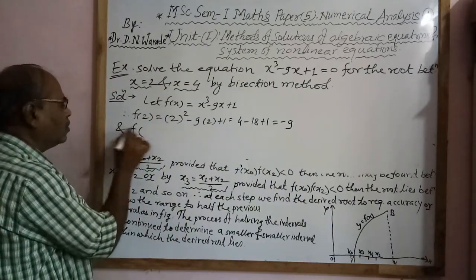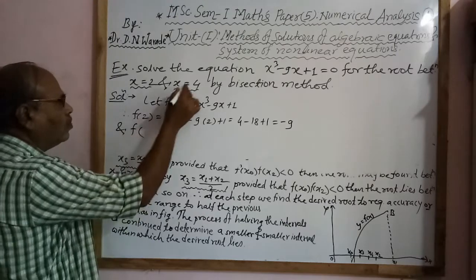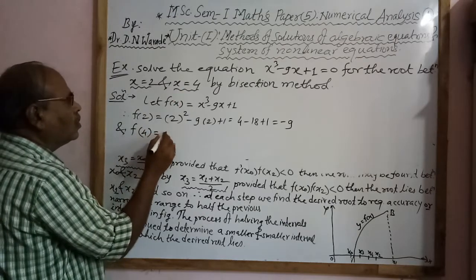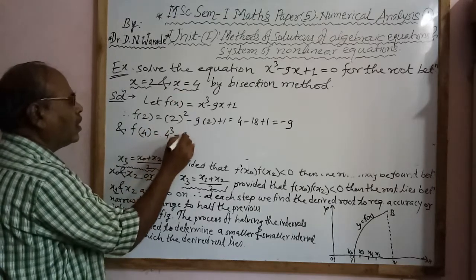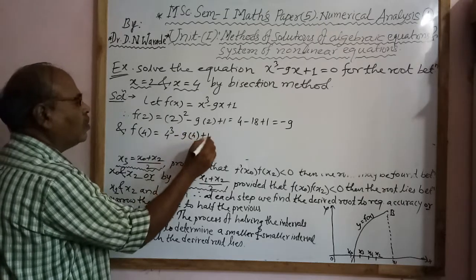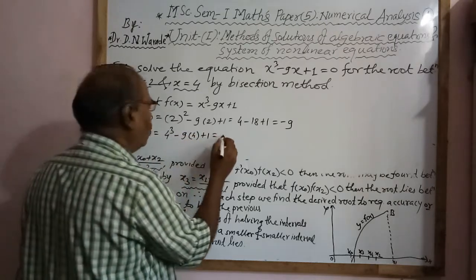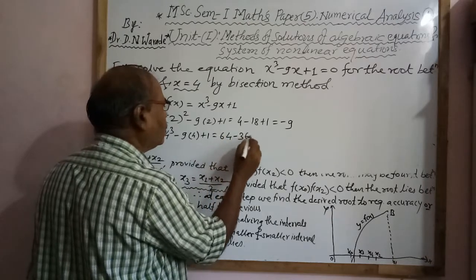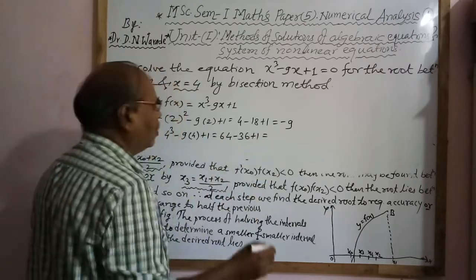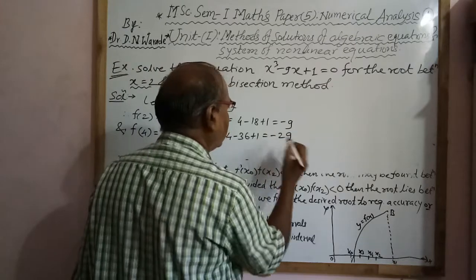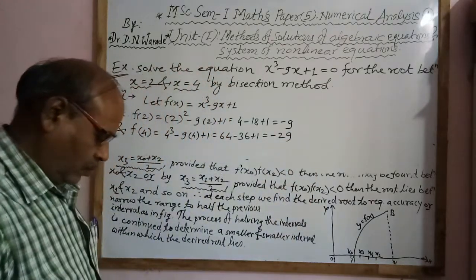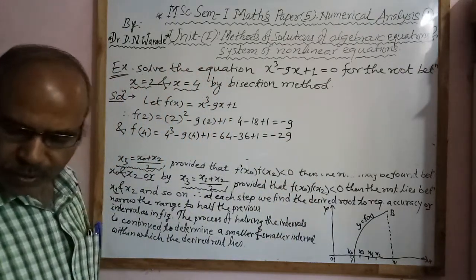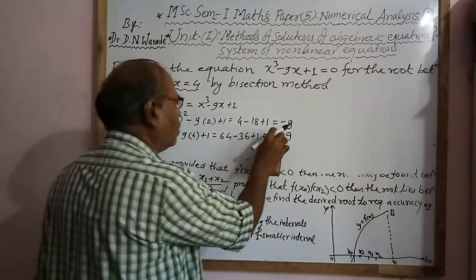And f of 4 equal to 4 cube minus 9 into 4 plus 1, that is 64 minus 36 plus 1. Now this will get as plus 29, not minus.